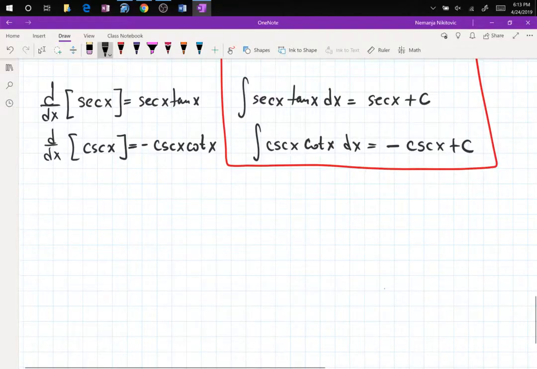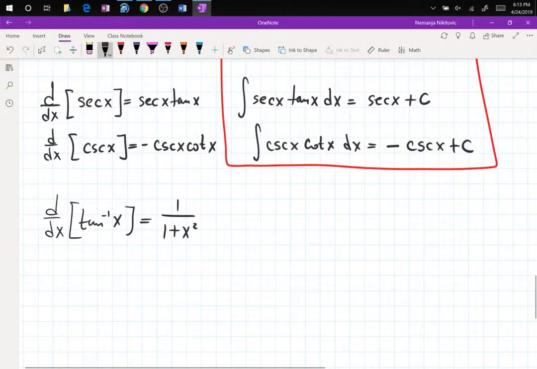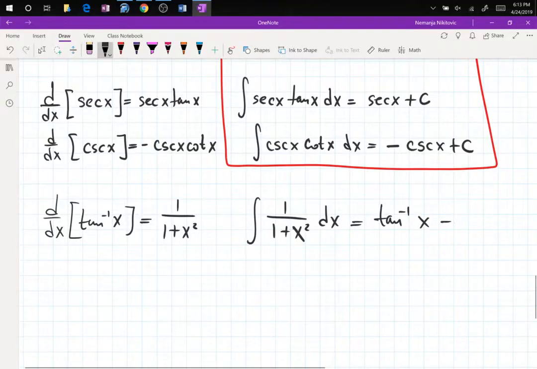I did talk about that multiple times in this class. The derivative of inverse tangent of x is 1 over 1 plus x squared, which means that if you run into the integral that looks like that, the answer is inverse tangent of x plus c.